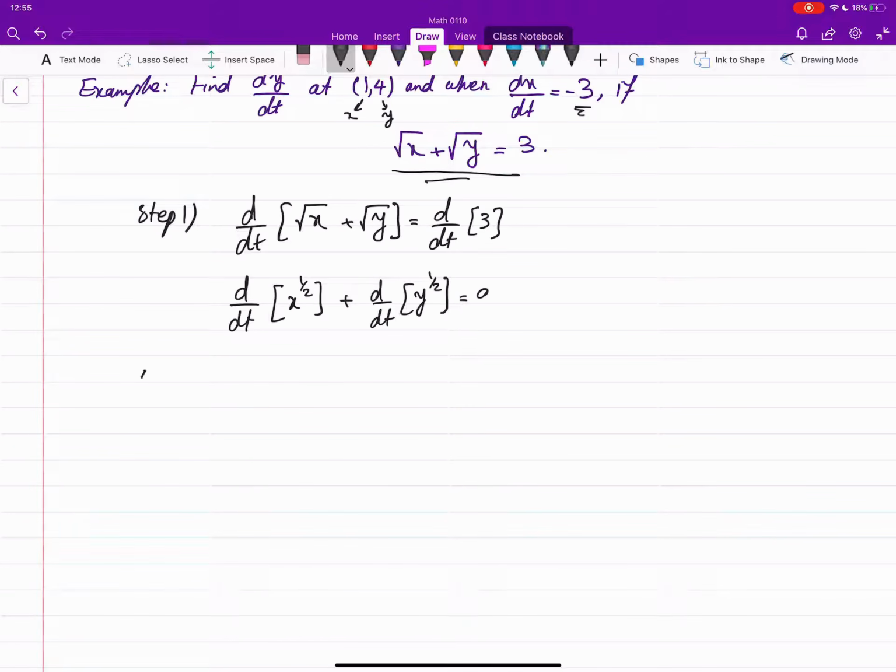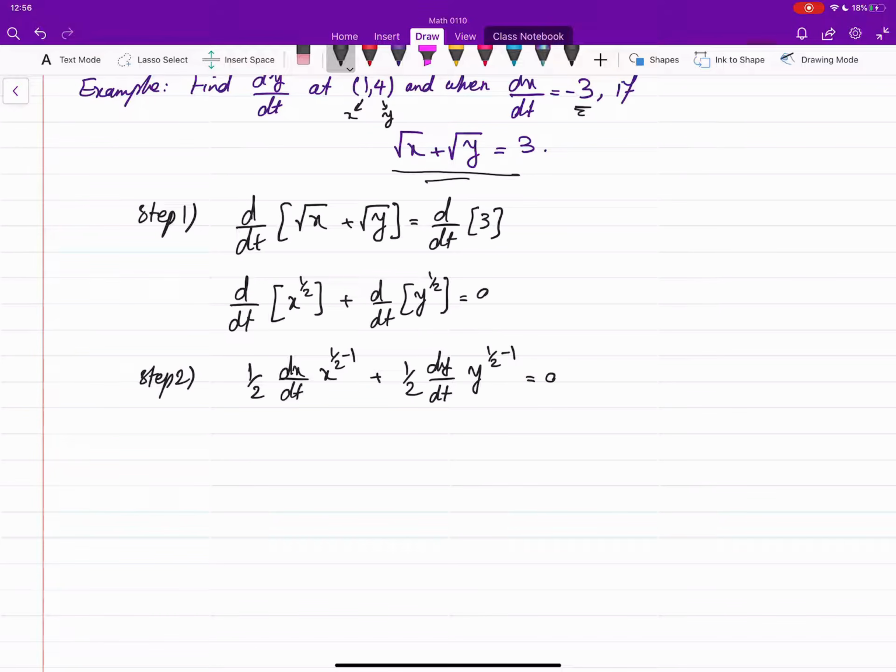Okay, then step 2, apply the chain rule. Yes, so it is half of dx dt times x to the power half minus 1 plus half of dy dt y to the power half minus 1 equals to 0. Now you can go ahead and do the substitution, plugging in the values.